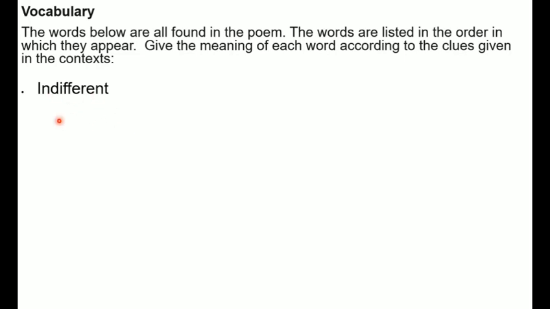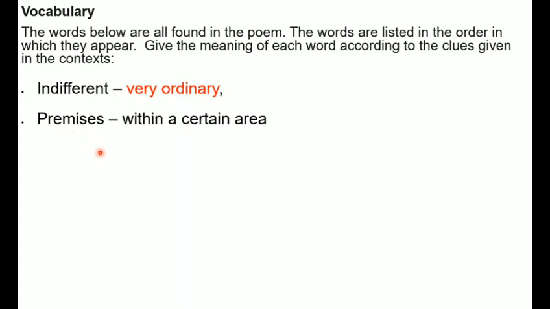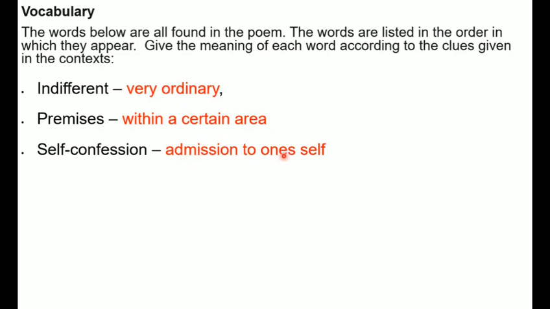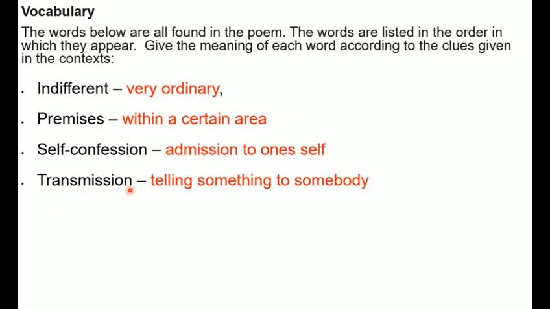Indifferent, according to the context, means very ordinary. Next, premises, according to the context in the poem, is about within a certain area. Okay, self-confession, according to the poem, this is about admission to oneself. Transmission means telling something to somebody.